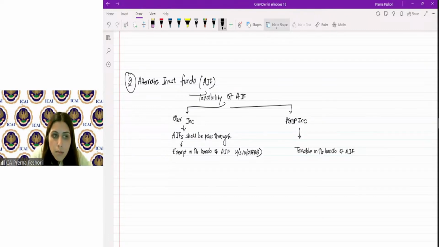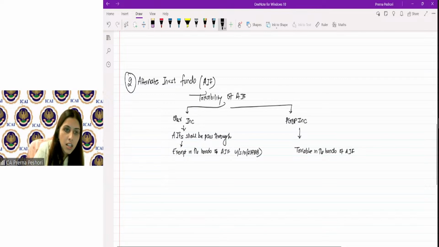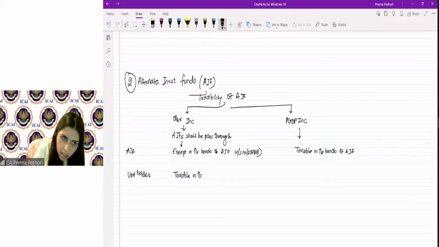So if it is other income, this is going to be taxed in the hands of the unit holder in the same manner and to the like extent. So this is about the AIF and the unit holder.